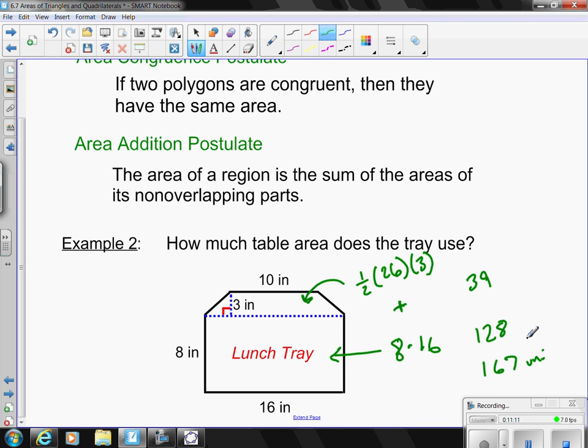Oh, not units, we know the units, so let's call them inches squared. So I broke it into parts, a trapezoid and a rectangle, found the area of both, added them together, and got my answer.